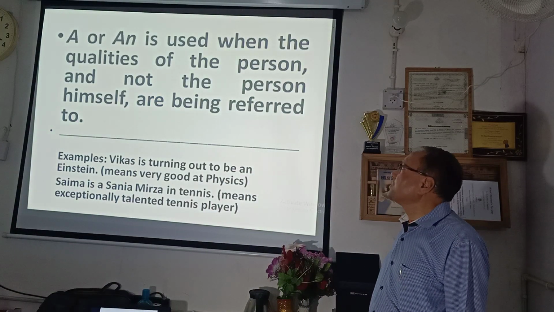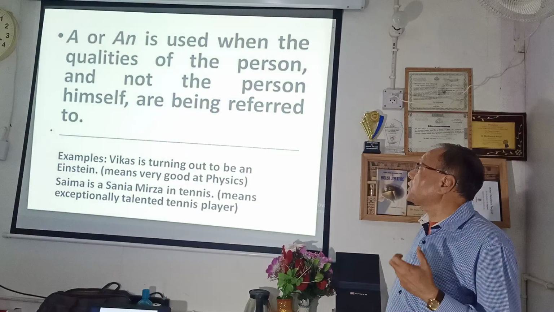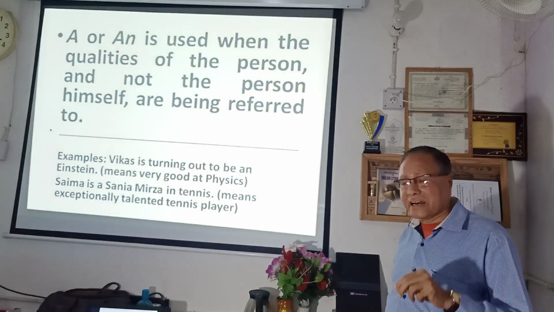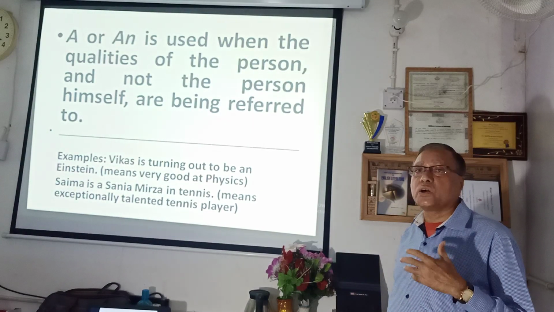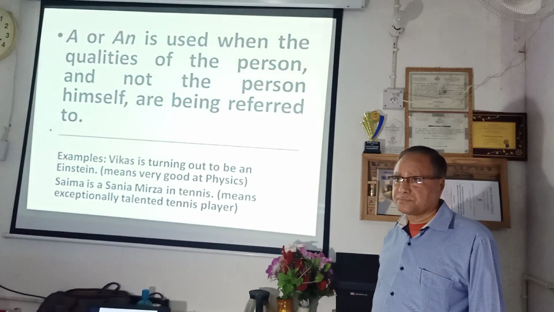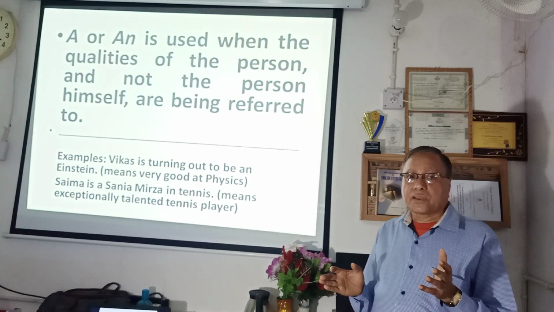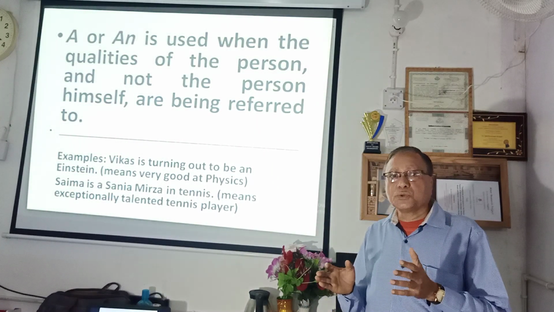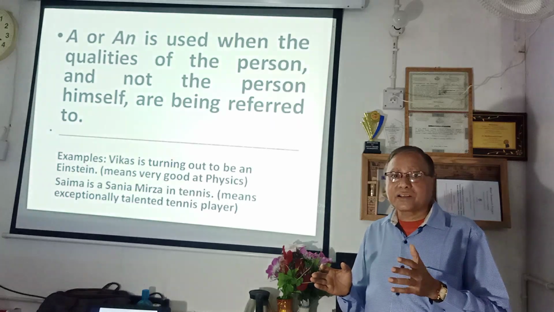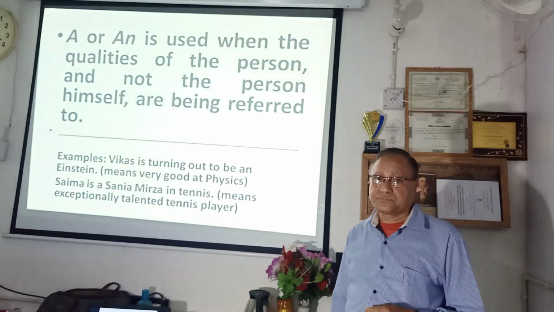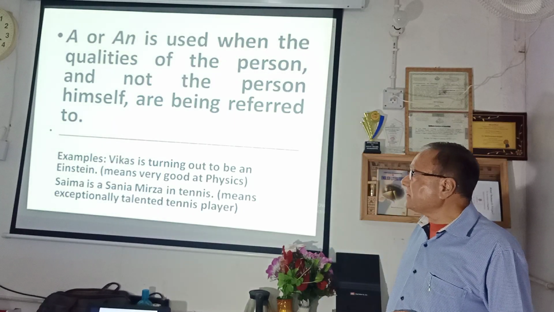Next, a or an is used when the qualities of the person and not the person himself or herself are being referred to. Sometimes we make comparisons and we refer to some person so far his or her qualities are concerned. So examples are here.